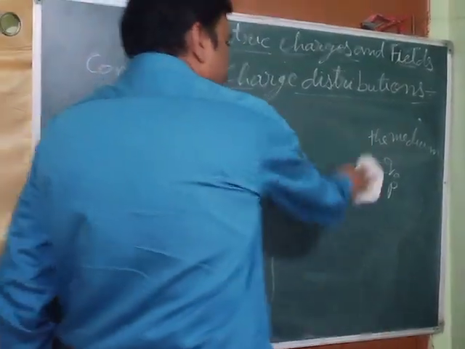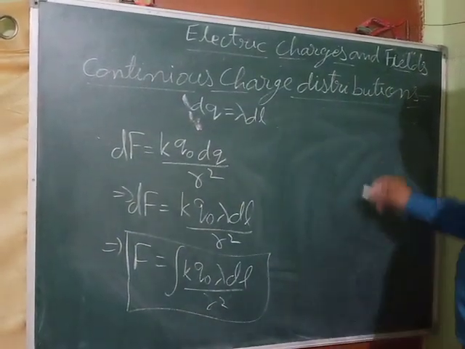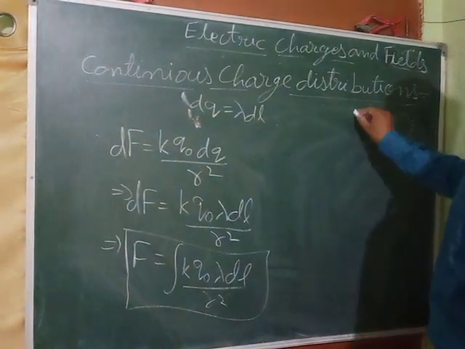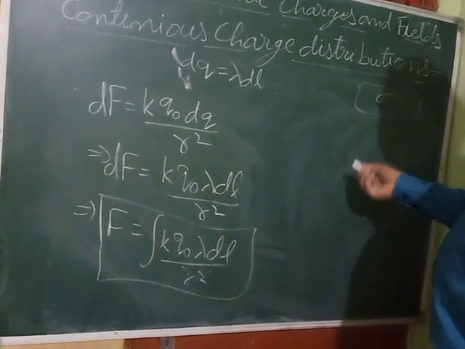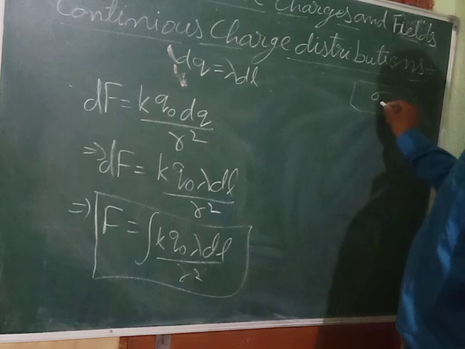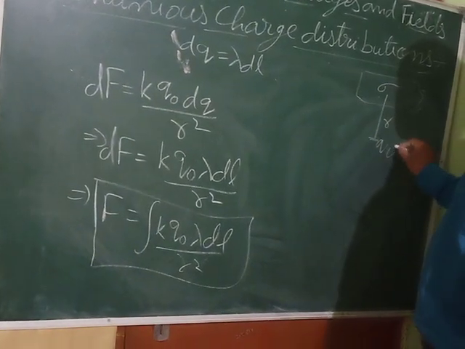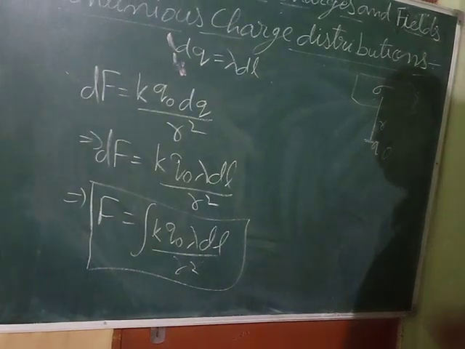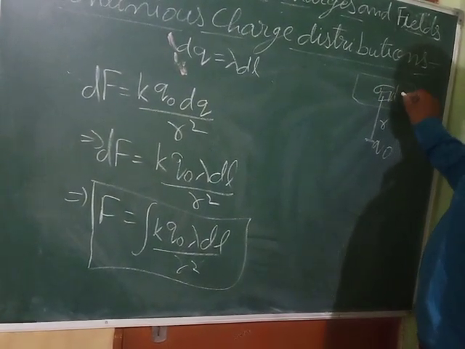I will write it for you. Suppose a surface has surface charge density sigma. At a distance r there is another charge Q naught, and you want to find the force between them. You have to take a small surface here, ds.